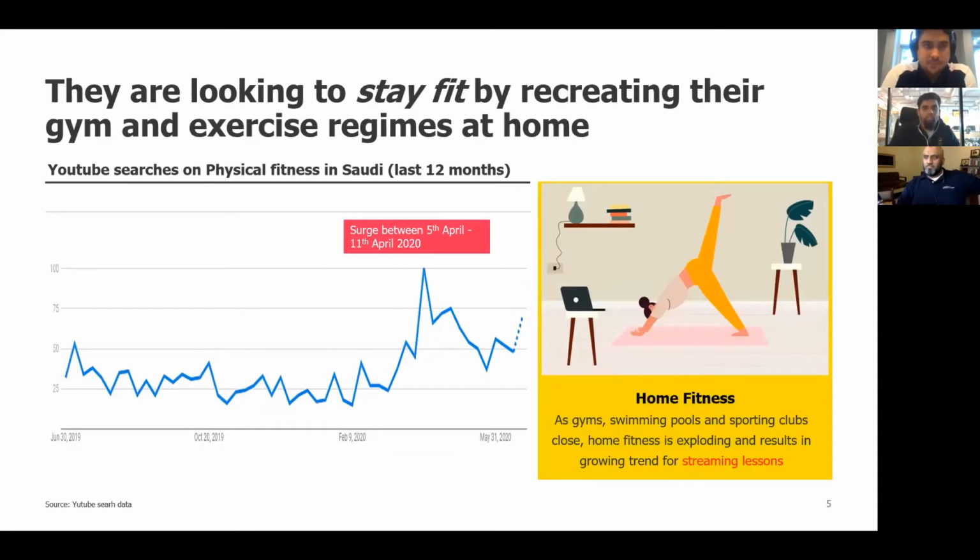Okay, this again is an indication of the point which I just mentioned. These are YouTube searches on physical fitness in Saudi specifically. So the previous one was more of a Google search data for 3 countries put together. This is Saudi specifically, where users would go on YouTube and search for a few exercises because they do not have any person or trainer who can teach them or give them tips to stay fit.